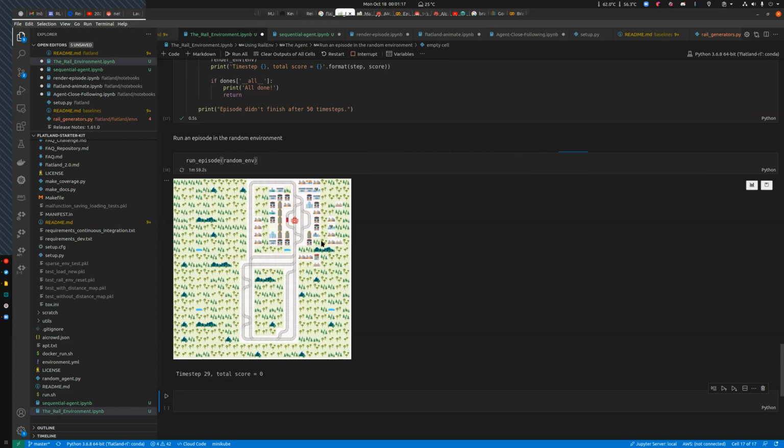So this is a simple environment that you can construct and play around with. That's a simple one agent environment. So all done. The time steps 31.